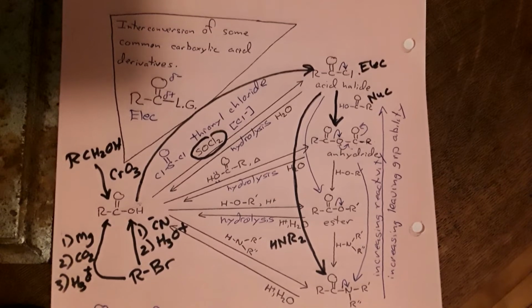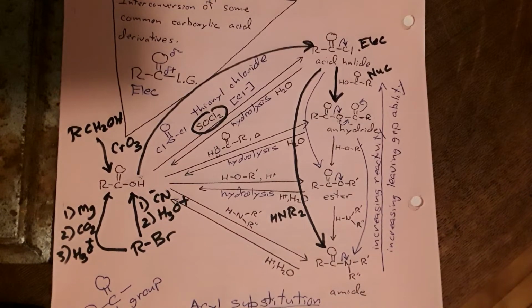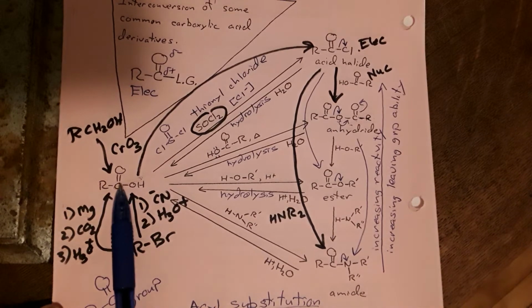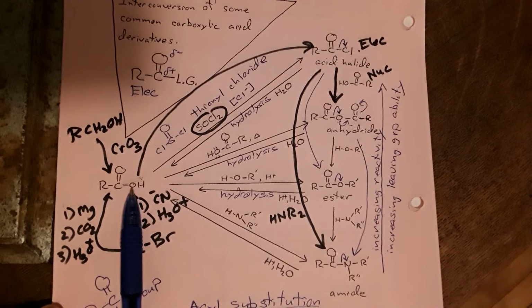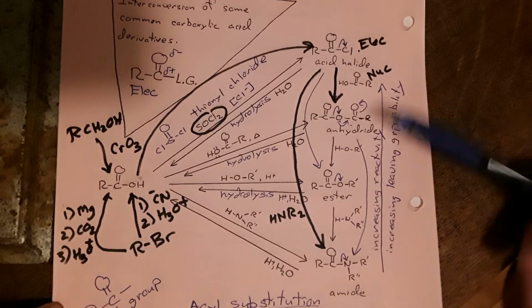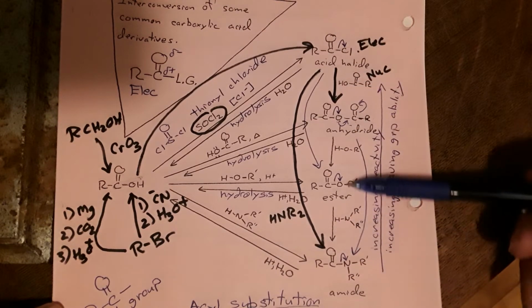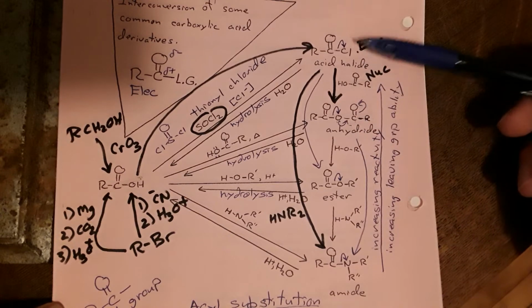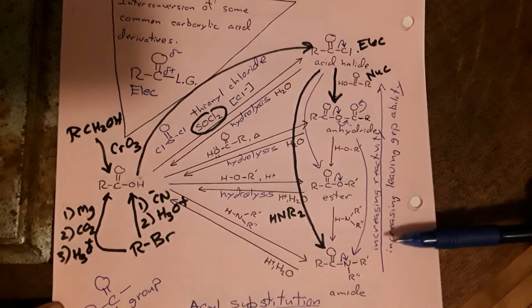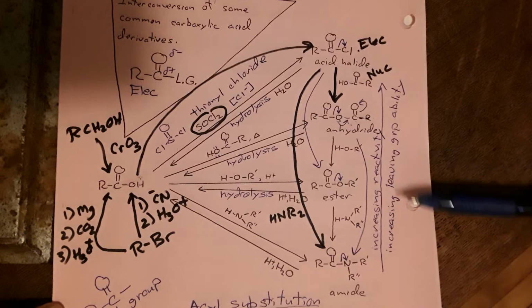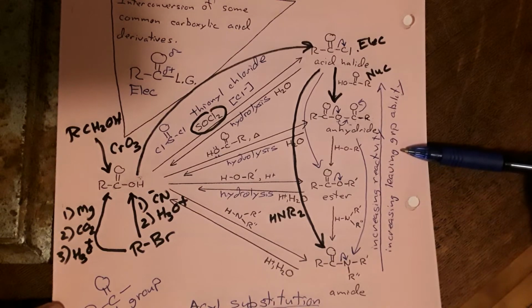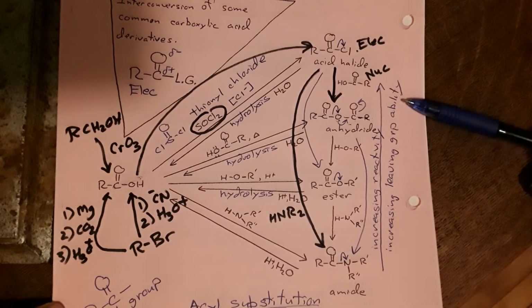The overview, if we look at the entire diagram, is that we can interconvert a carboxylic acid with different acid derivatives. I have written these in an order such that as we go up, we go to higher energy and increasing reactivity because we have a better leaving group.